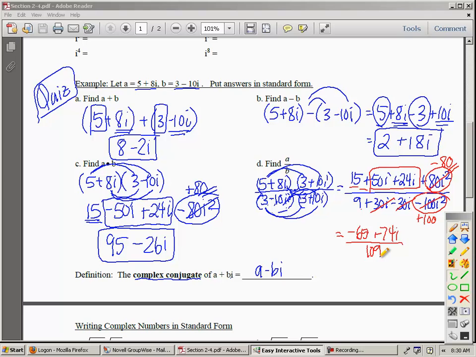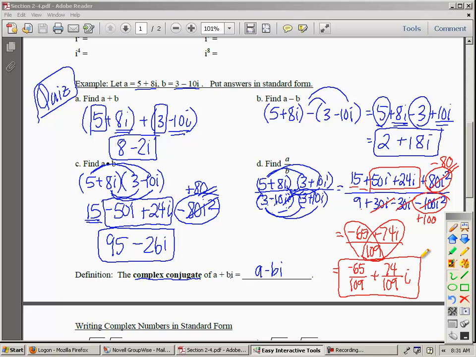And we want our answers in a plus bi form, which means I need to split this up into two parts. If I can reduce fractions, you should reduce. In this case, they don't. But negative 65 over 109 plus 74 over 109i.